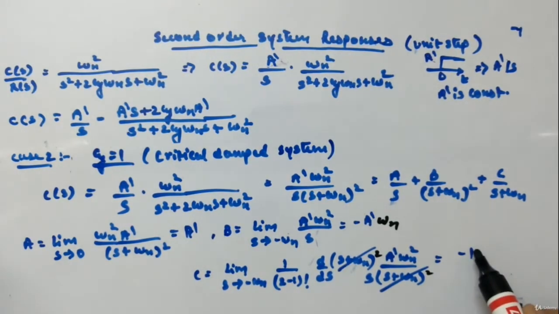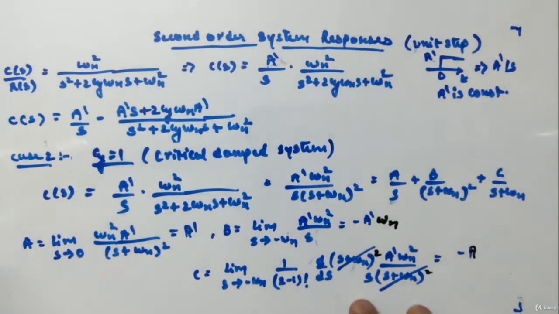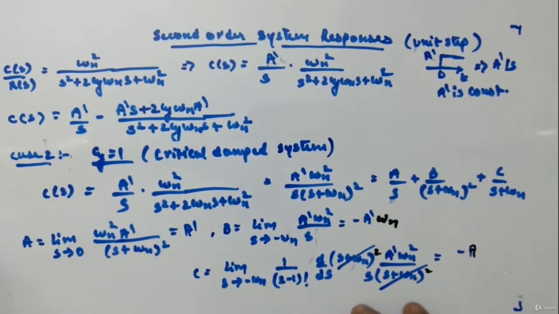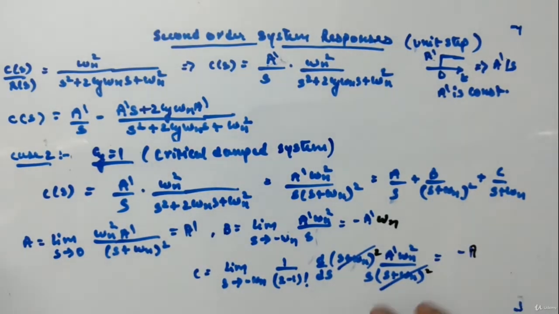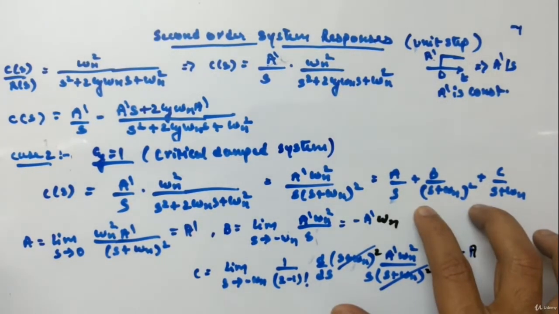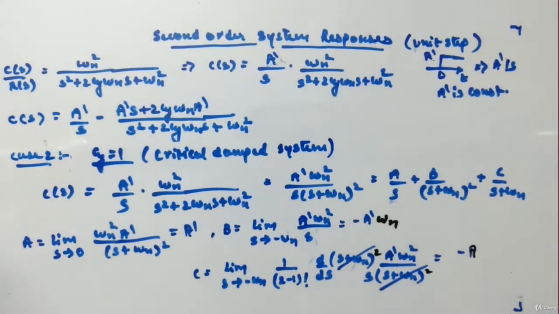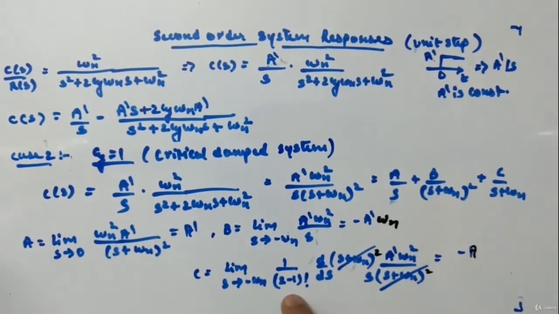Okay, so it's a bit confusing, but if you know the partial fraction inverse Laplace technique, you will get it. It is related to this, and you are calculating c with respect to n minus 1, because n is 2, so you are calculating for the n minus 1 term.